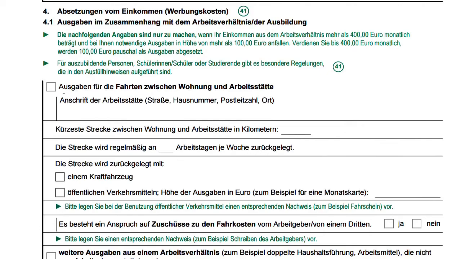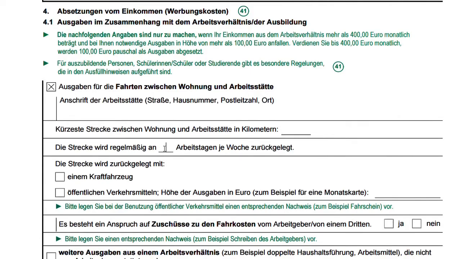If he or she has expenses for traveling between home and the work, you mark here with a cross, and here you write the address of his or her employer or the place he or she is working. Here you write the shortest way between his or her home and workplace in kilometers.